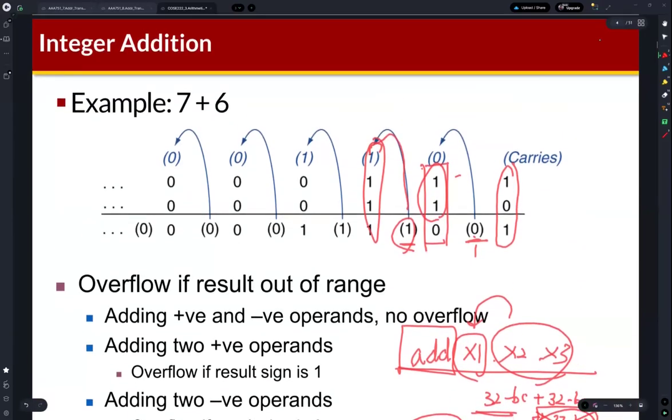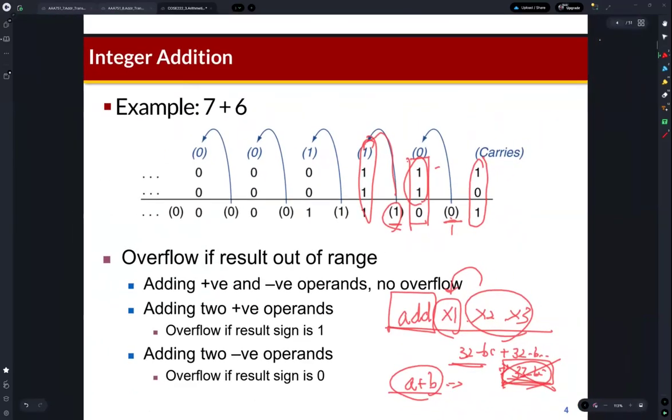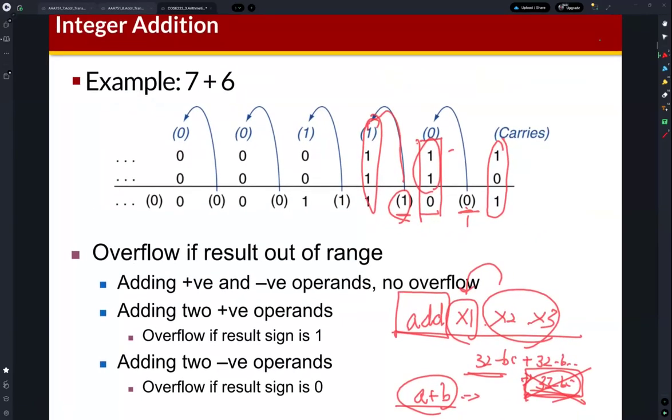For addition, the overflow detection is very simple. We can just check the sign bit of the result. For example, if we add two positive numbers, the result should be a positive number. But if a negative number is generated, then this is the overflow case.